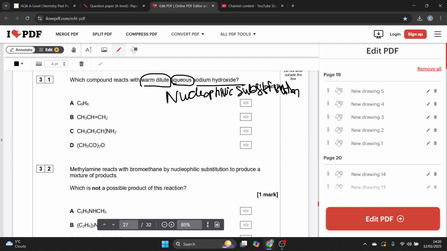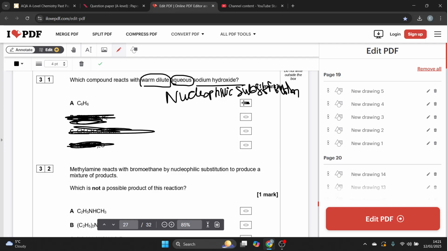Now if I look at B, that's an alkene, so it's definitely not going to be B. I look at D, that's an anhydride, definitely not going to be D. I'm left with A and C. Well, the thing about C is that it's the NH2. No, that won't react with it.